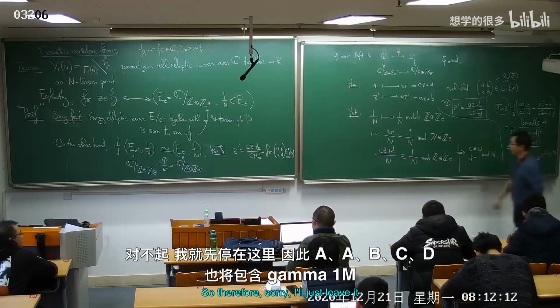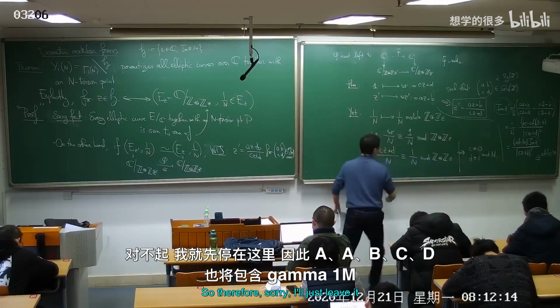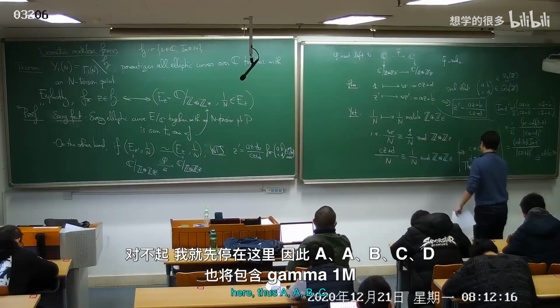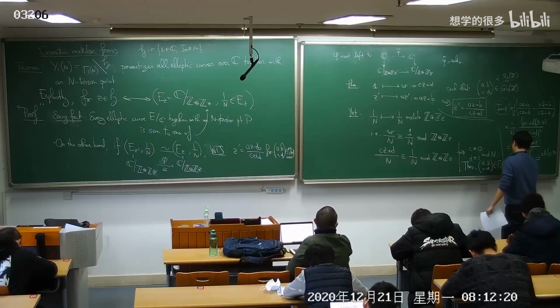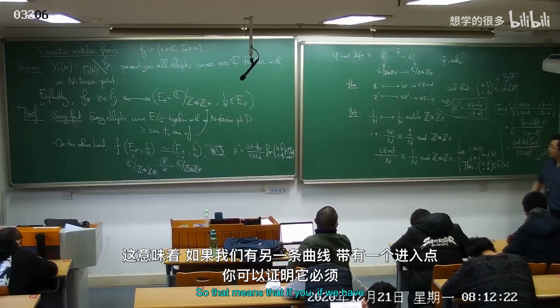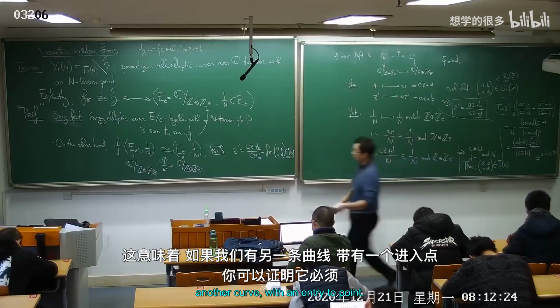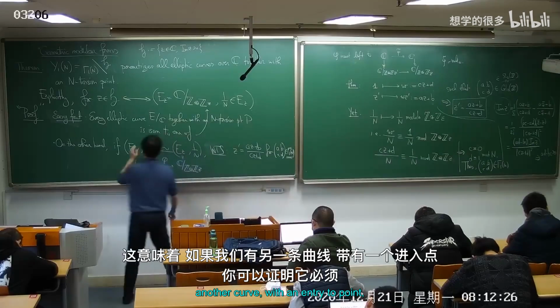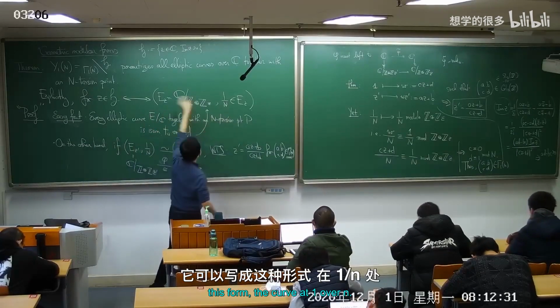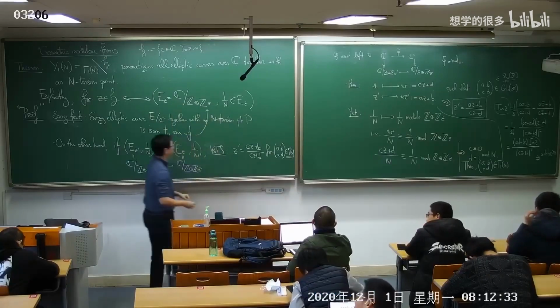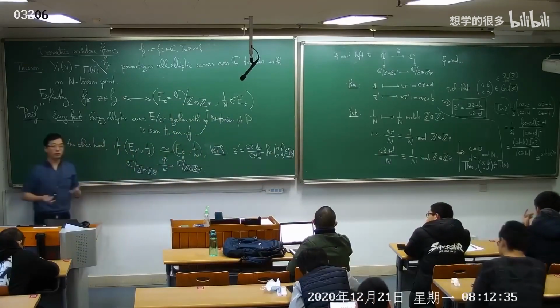And so therefore, I'll just leave it here. Thus, ABCD belongs to gamma 1n. So that means that if we have an elliptic curve with an n torsion point, you can show that it can be written in this form. It's the curve at 1 over n. And such writing has some ambiguity.